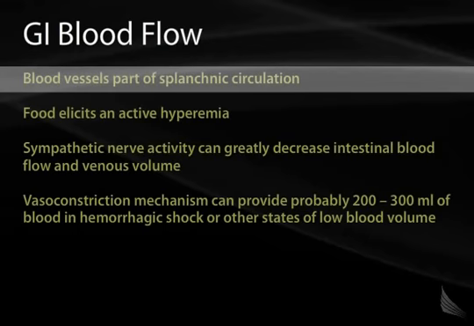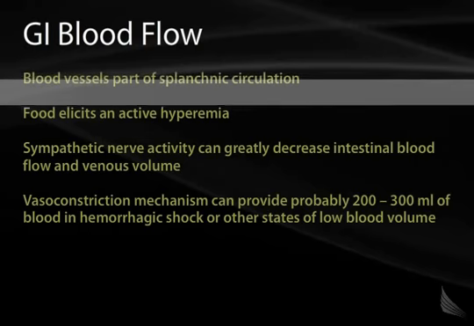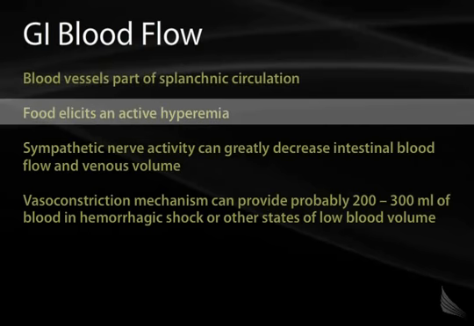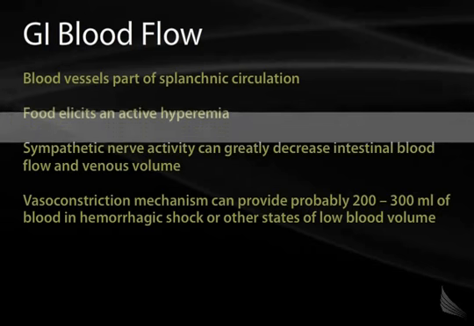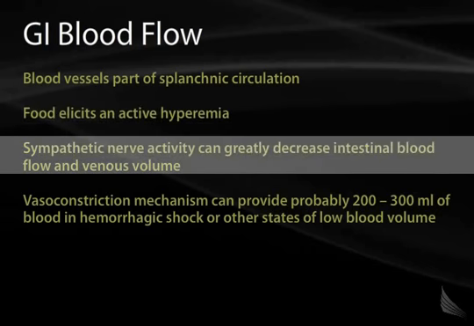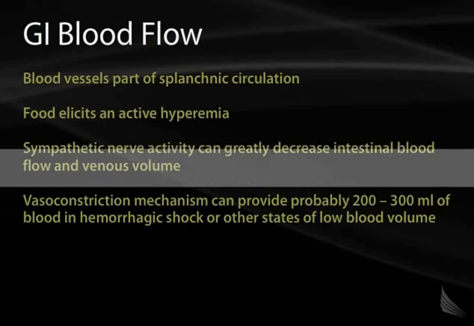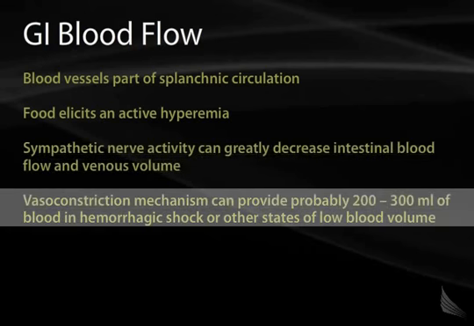Gastrointestinal blood vessels form part of the splanchnic circulation, and food elicits an active hyperemia, i.e. the amount of blood going to the GI tract is increased. Sympathetic nerve activity can greatly decrease intestinal blood flow and venous volume. And a vasoconstrictive mechanism provides 200 to 300 ml of blood in the setting of shock.